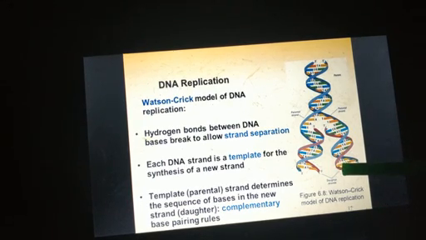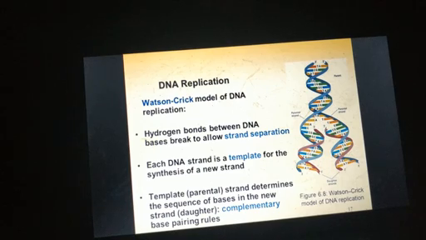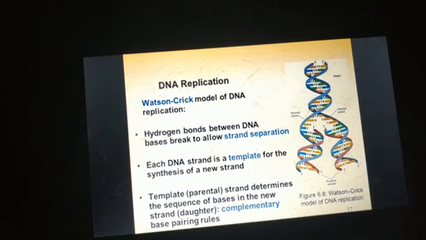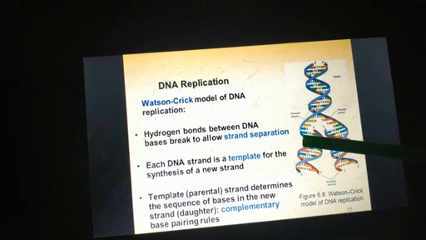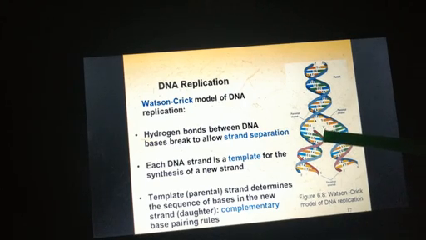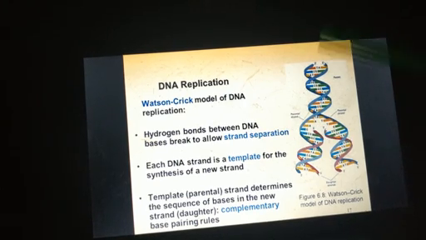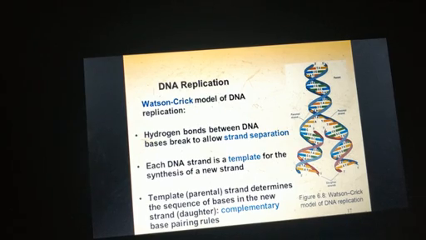So we can say that this mode of DNA replication is called semi-conservative replication. Semi-conservative because it contains both the parental strand and the newly synthesized strand.